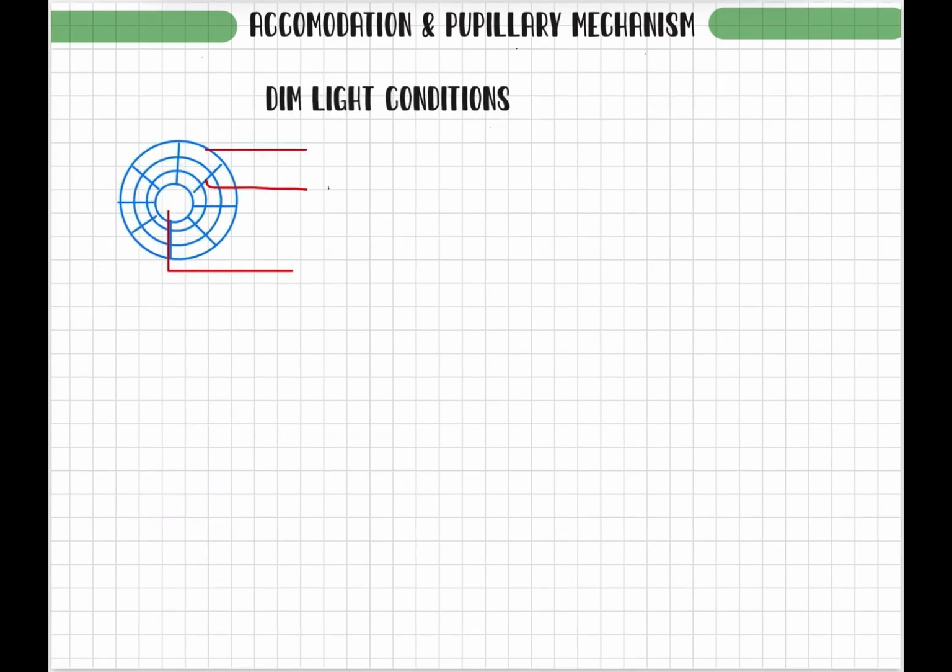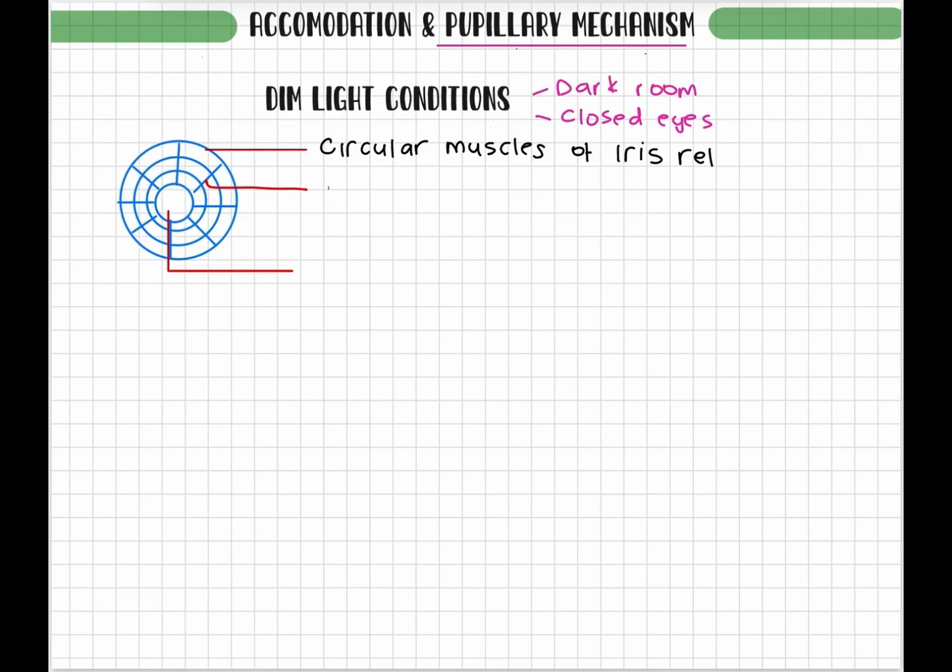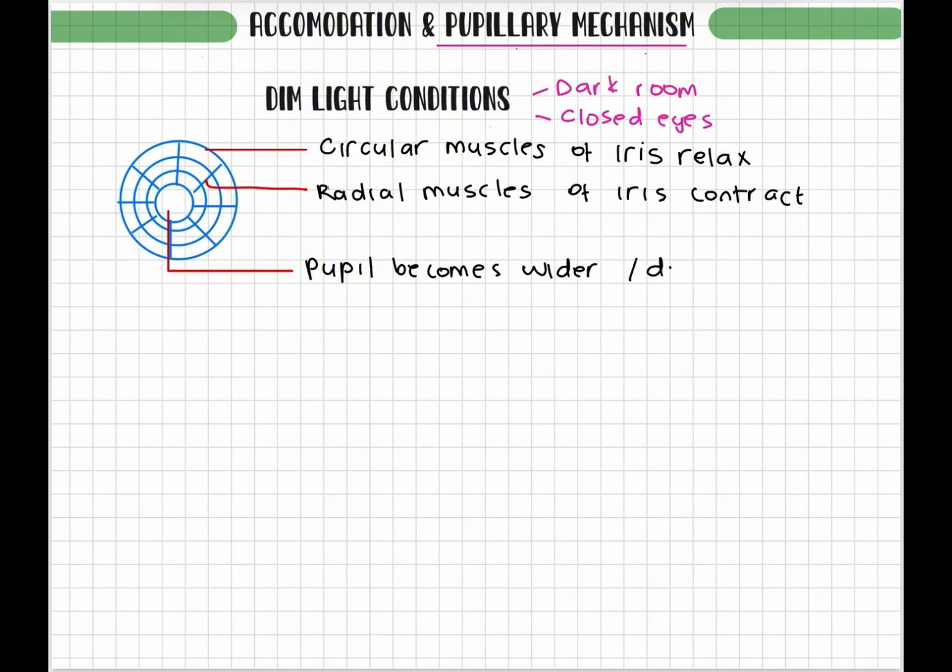Now, let's summarize it for exam purposes. During dim light conditions in pupillary mechanism, we know that this is probably in a dark room, or you close your eyes. What are the changes that are taking place? So in the exam, you will mention that the circular muscles of the iris relax, the radial muscles of the iris contract, the pupil becomes wider or it dilates, more light will enter the eye.